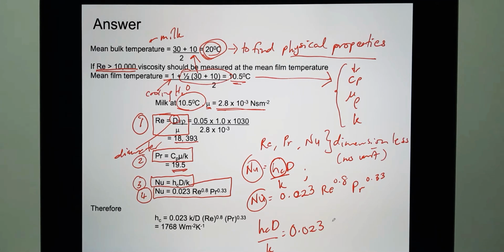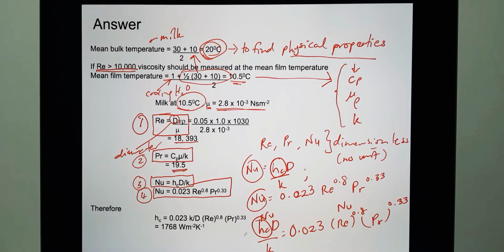Can you see here, on your right hand side is the equation for Nusselt, on your left hand side this one also is the equation for Nusselt. So that's why you can equalize both of these equations, and from this step you can look for the value of Hc.